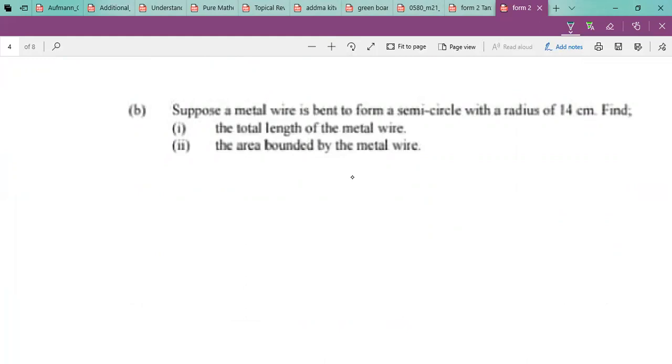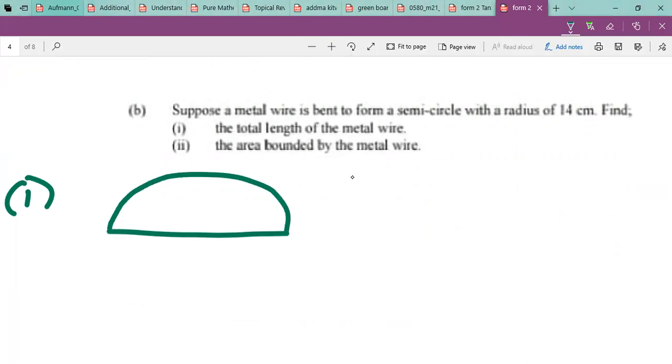So you have a wire that is bent to form a semicircle like this. Then the radius is 14, meaning that the distance from this point to that point is 14 centimeters. Then find the total length of the metal wire.